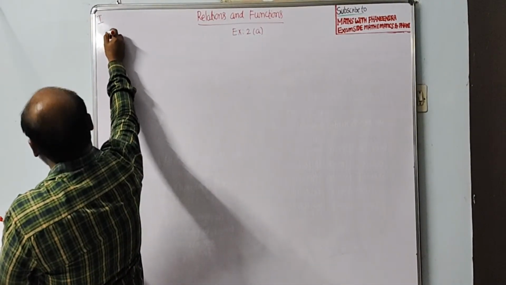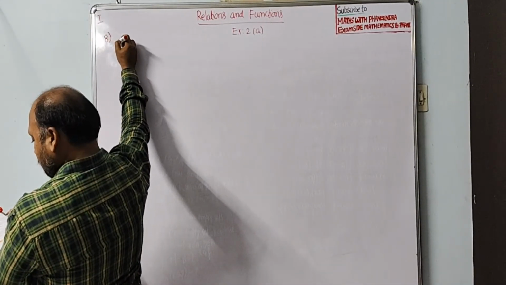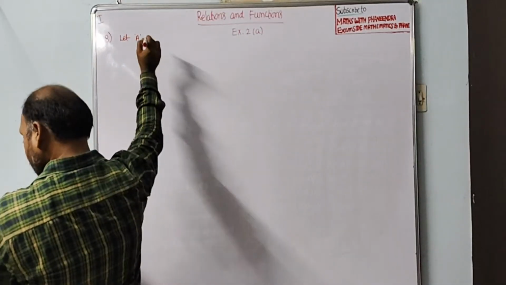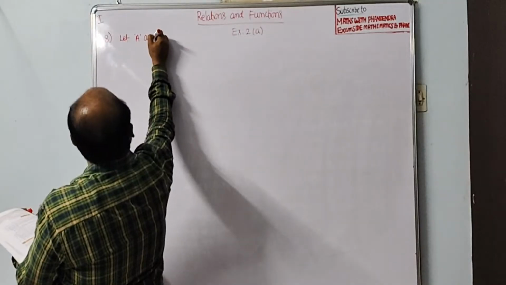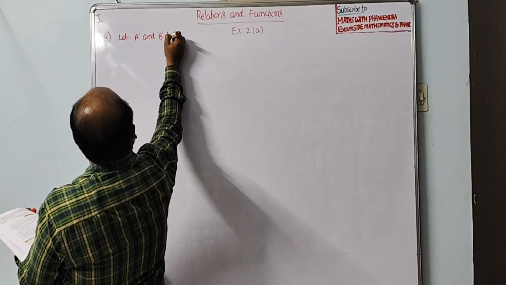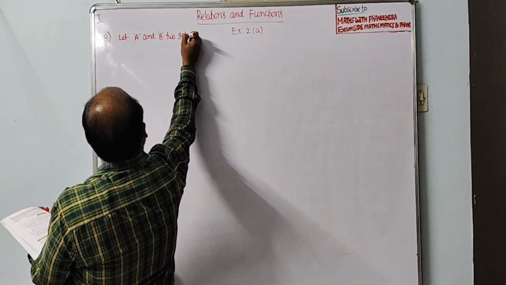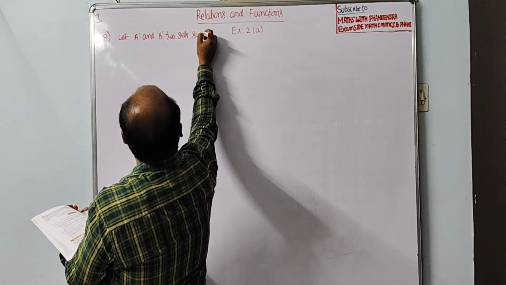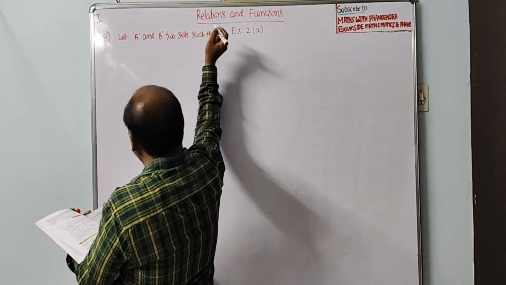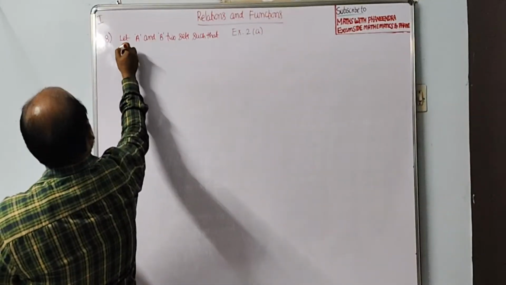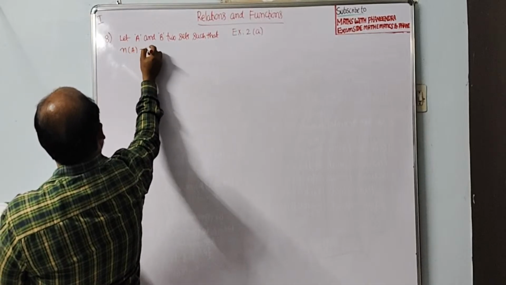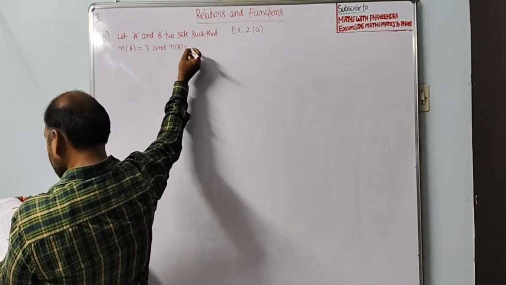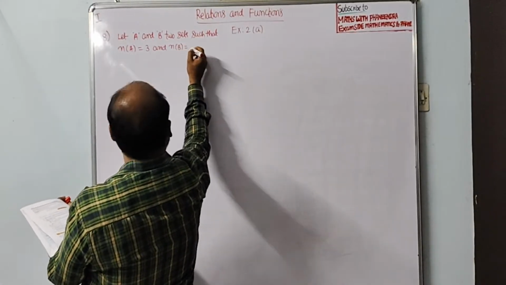Next, question number 8. Let A and B be two sets such that n of A equal to 3 and n of B equal to 2.